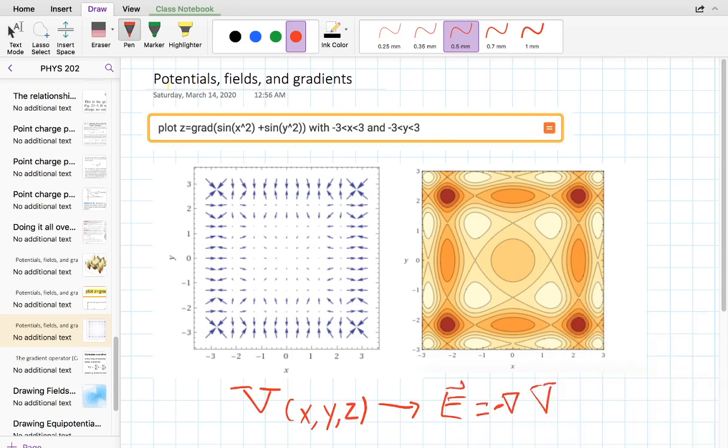If we imagine that this was a potential function, some function v of x, y that gave you the electrical potential at every point in space, the negative gradient of this function gives you the direction that the electric field vector would point in that space. So at the center of this, there is no gradient. The function is flat. The electric field is 0.